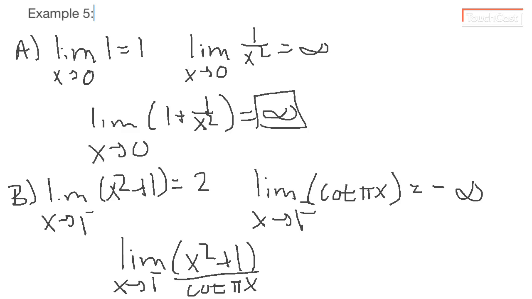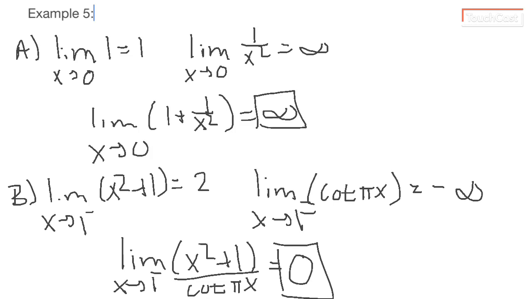According to Theorem 115, this is a quotient. We're taking 2 and we're dividing it by negative infinity, which means we're going to be making a fraction that is going to continue to decrease, or in this case, since it's negative infinity, it's going to continue to increase and get closer and closer to 0. So the answer to this limit is 0.